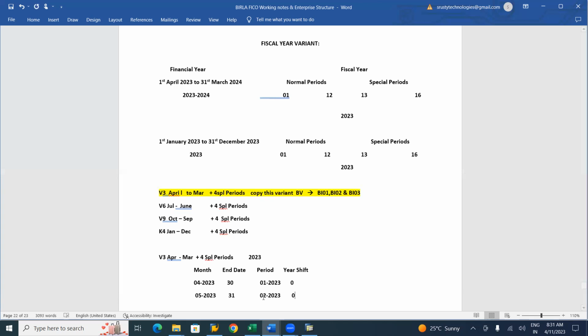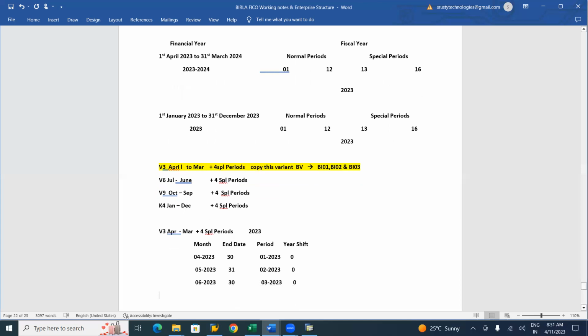Because 2023 minus 2023. Then the next month would be 06 2023, 30 days. So it is the third period, 2023. The year shift here is 0 again. 0 only.